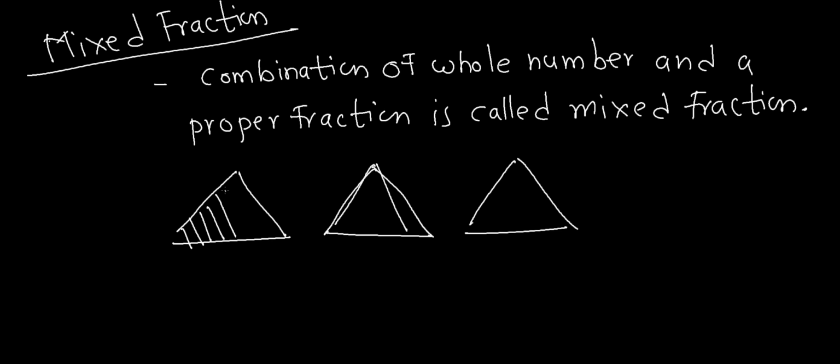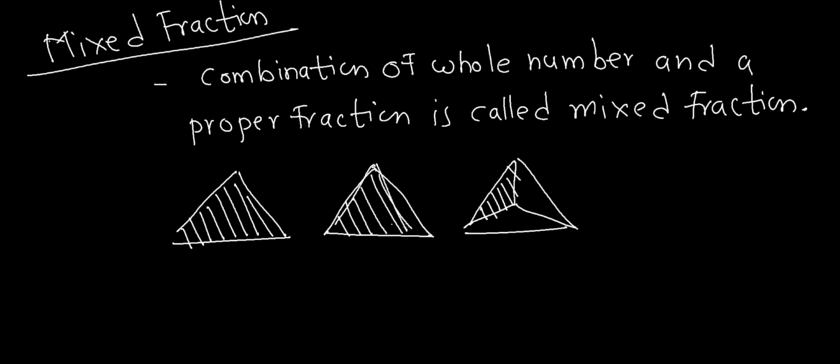I'm going to select these as whole shapes, and I have divided the last shape into 3 equal parts. So these 3 are equal shapes. In the last shape I have subdivided it into 3 equal parts, and out of that I am selecting one.